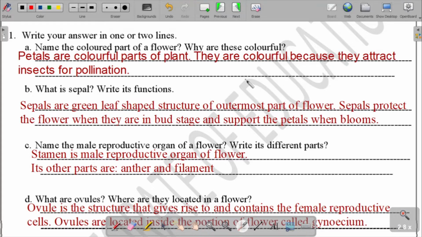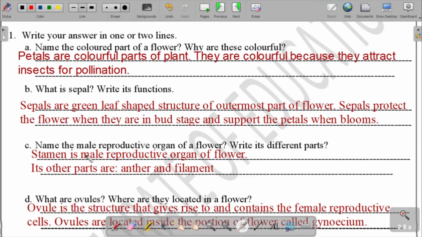Because they attract insects for pollination. Next question is, what are sepals and write its functions. Sepals are green leaf shaped structures of the outermost part of flower. Sepals protect the flower when they are in bud stage and support the petals when it blooms.